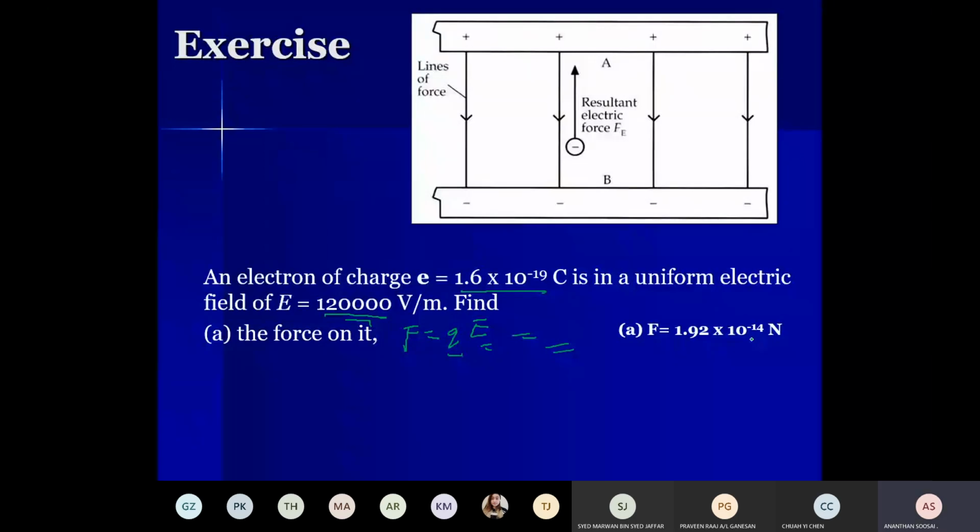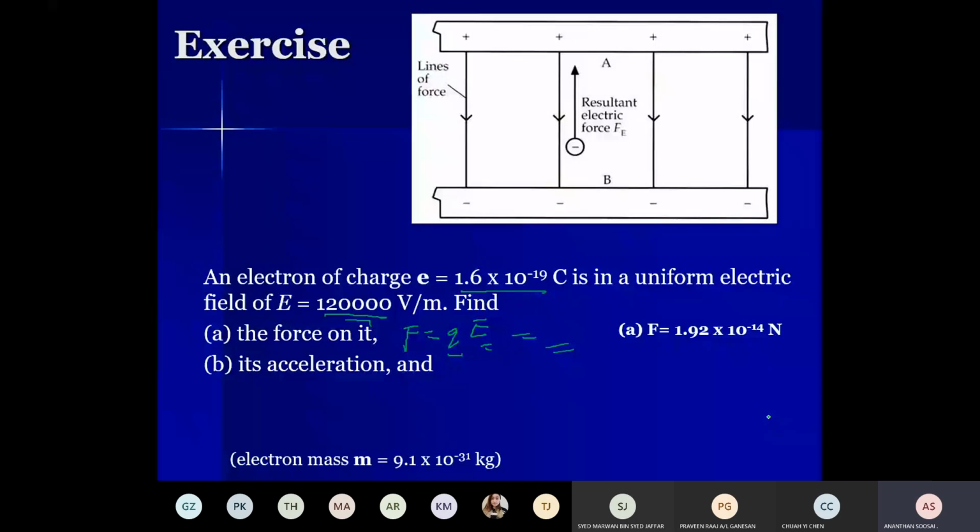Okay, next. We know the force exerted on the electron is very small, because the charge is very small. But the acceleration is going to be huge. What is its acceleration, if the mass of the electron is 9.1 times 10 to the power negative 31?